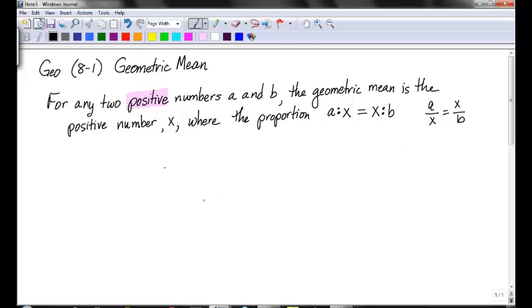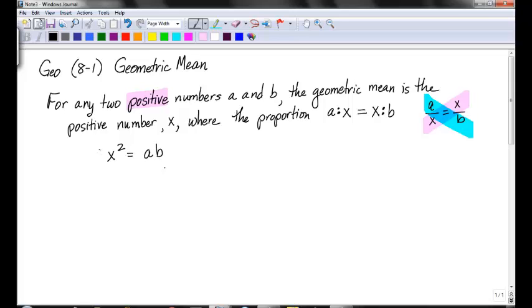Okay, and when you cross multiply, you're going to end up with X squared, because we multiply these two and we multiply these two. So X squared equals AB.